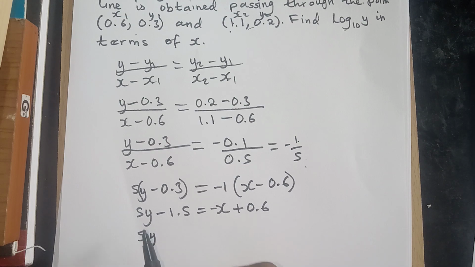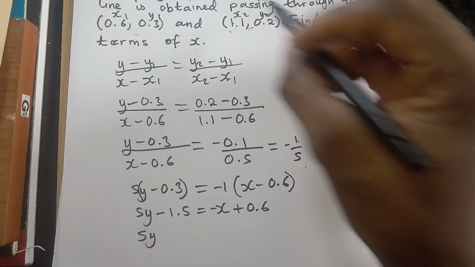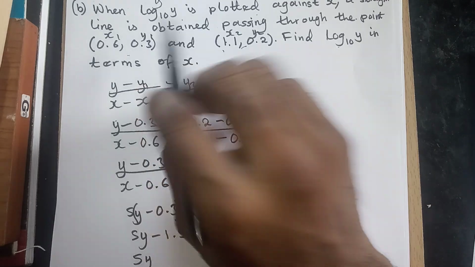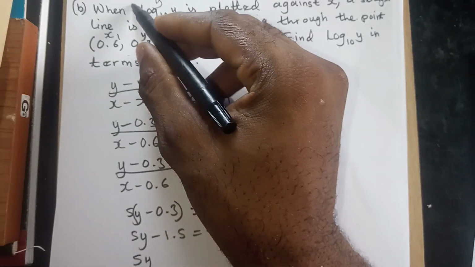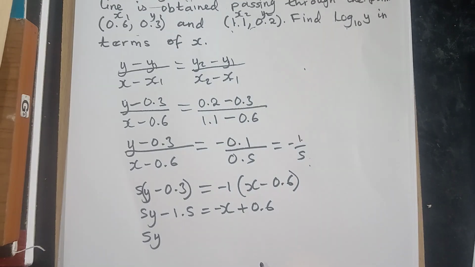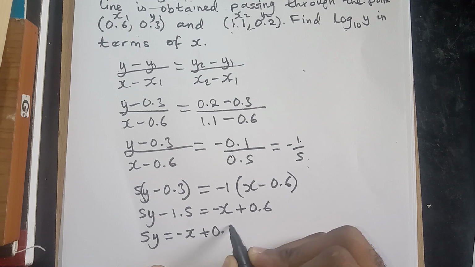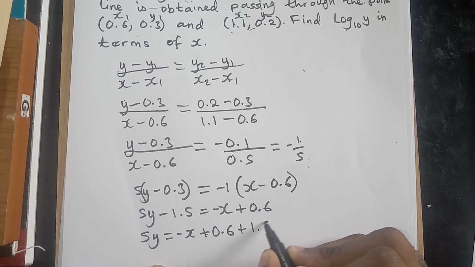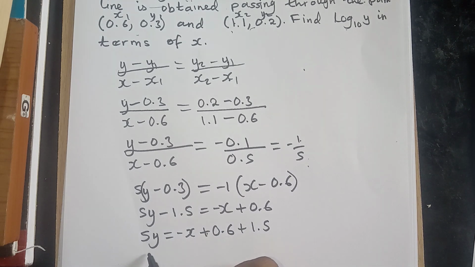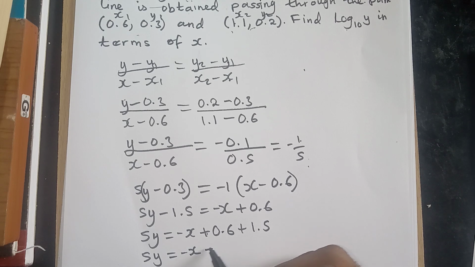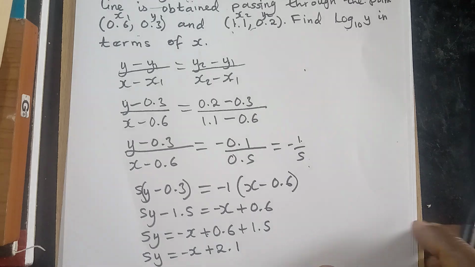And then we can take everything to the other side. Our aim here is to make y the subject of the formula and take advantage of the fact that this part here is actually the y. It's acting like a y, so to say. Negative x plus 0.6 plus 1.5. And then we have 5y is equal to negative x, this plus this, we have 2.1.